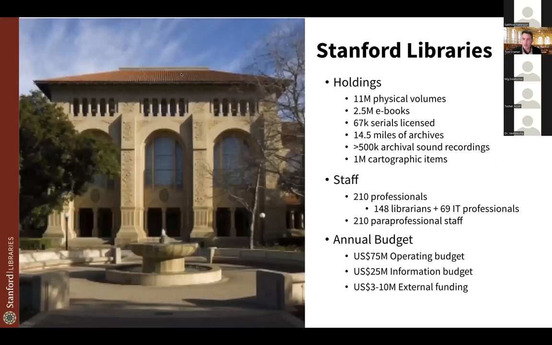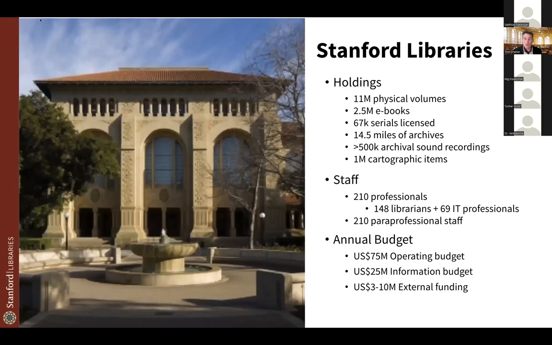Before I begin, let me just spend a moment talking about Stanford and our digital library. So Stanford University was founded in 1891. So we are still a relatively young university as universities go. We've just recently celebrated our 125th anniversary as a major one, and we continue to grow.